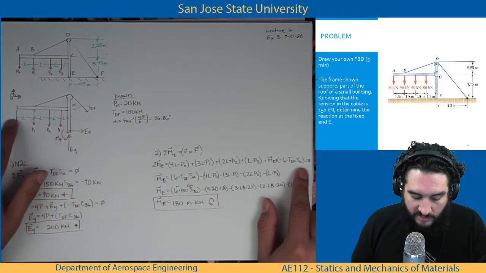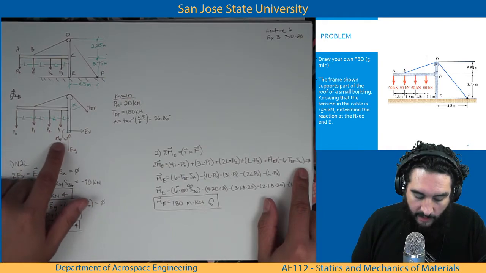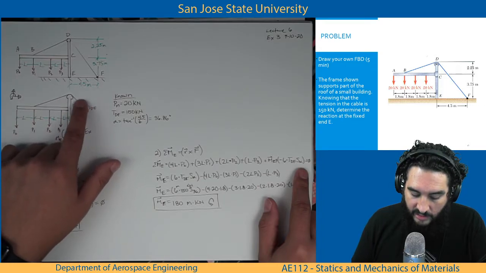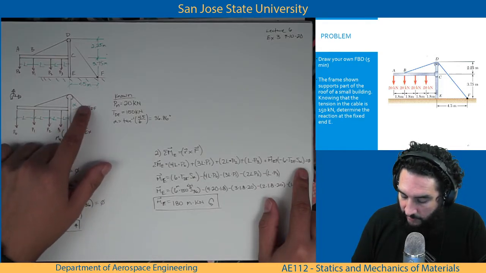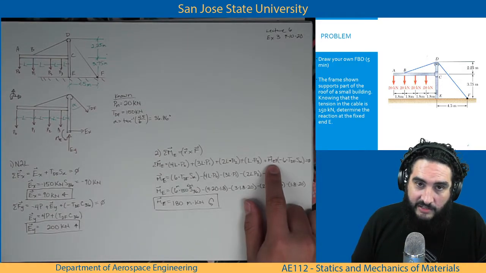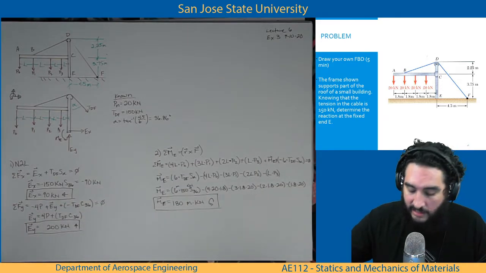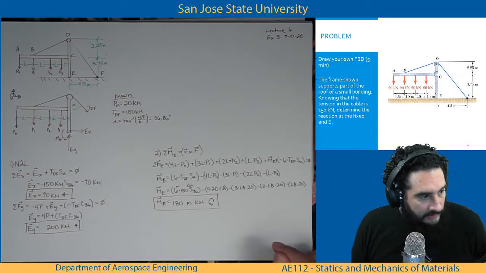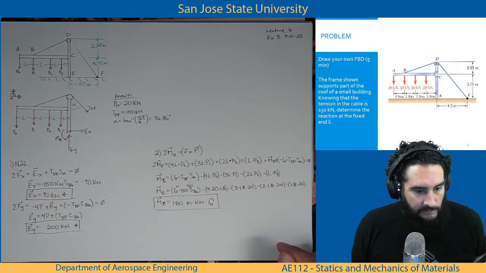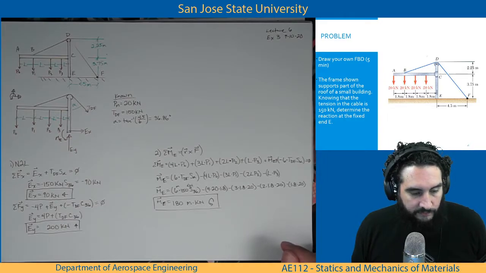Every moment arm times the force applied. Every moment in the problem. And also the tension on the top here. That's all equal to 0. Since ME is positive, I keep it on the left-hand side. Everything else goes to the right-hand side. And the signs switch. Okay, any other questions about this one?